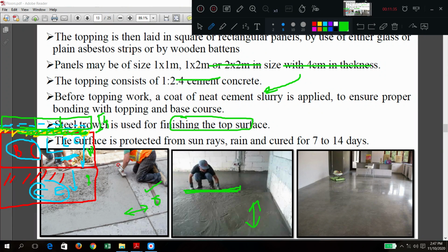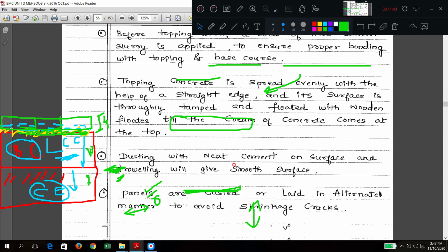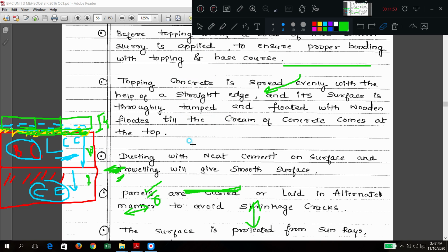He is making it into a clean, level surface. This is the straight edge, and this is a trowel kind of a thing. I am going very slowly to make you understand, so don't skip the videos. Time is there, you can watch anytime.